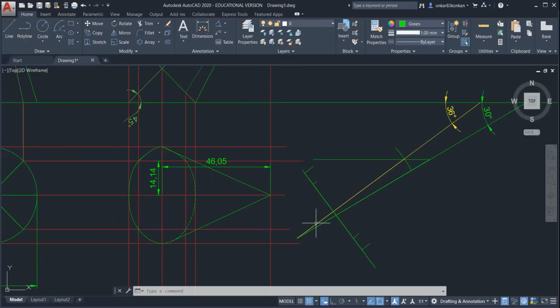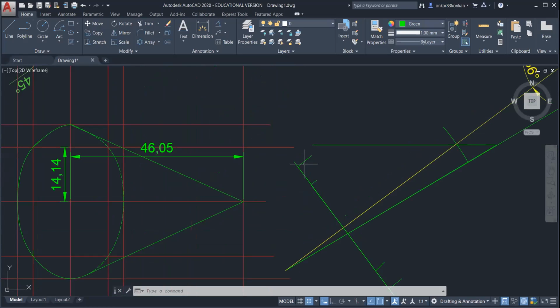Once you mark these points using the compass, from this point draw a perpendicular line to this line.